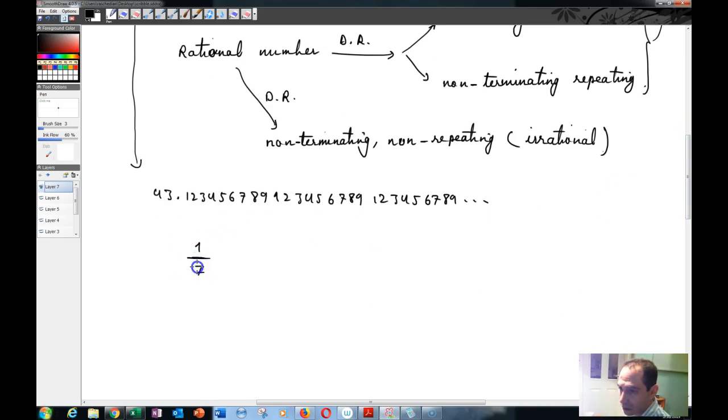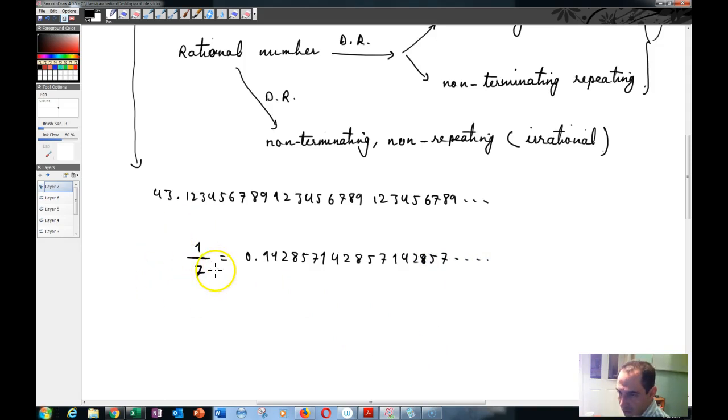We wrote out its decimal representation, and this was 0.142857, and the same thing again, 142857, again 142857, and so on and so forth.